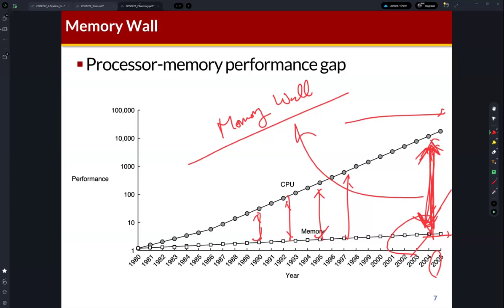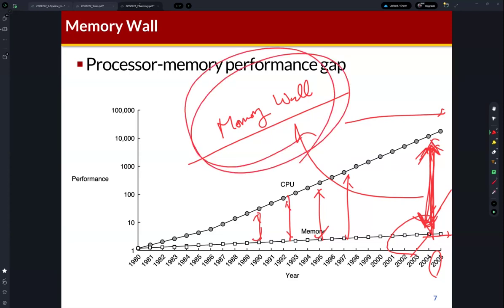This parameter data size is very, very large. Because the data size is very large, the performance of memory is critical for the performance of AI systems, right? So the memory system is still very, very critical.